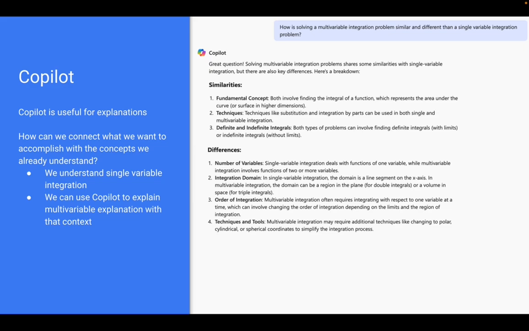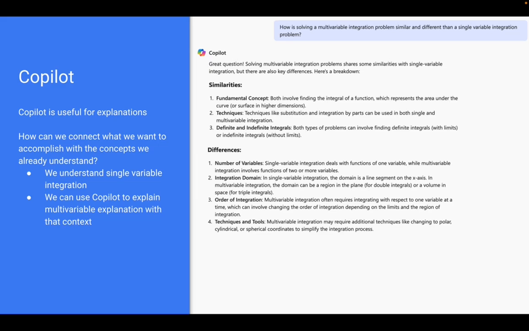The differences, however: the main difference is the number of variables. Multivariable integration involves functions of two or more variables versus one variable in single variable integration. The integration domain is different because now the domain of integration can be a plane or a volume depending on the problem.